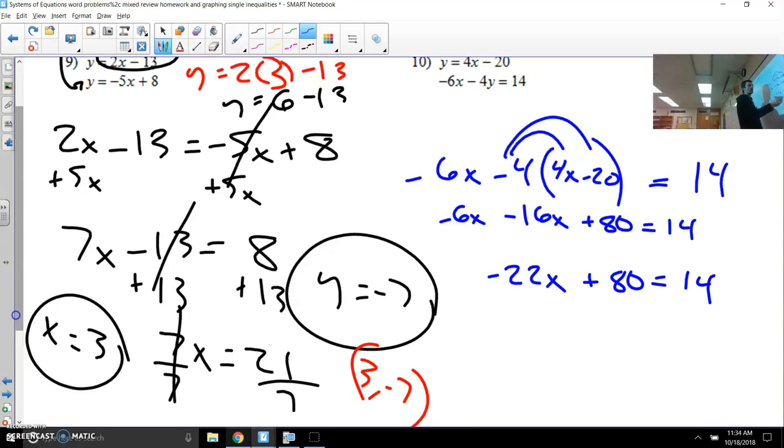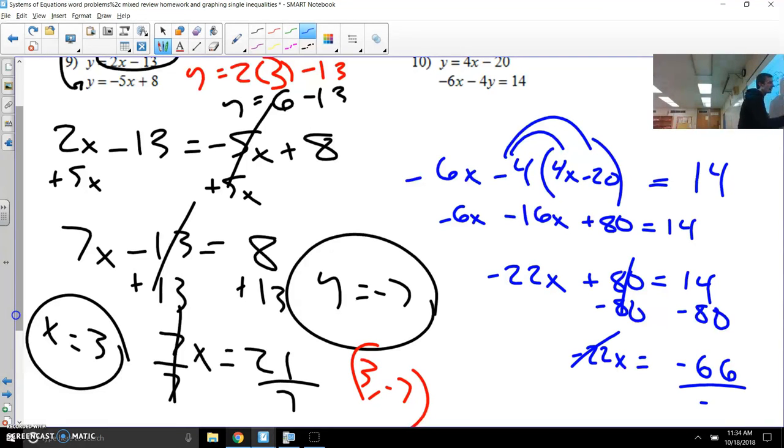And I'm going to keep going until I get x completely by itself. Let's subtract 80. 14 minus 80, I think that is negative 66. And when I divide by negative 22, I find out that x is positive 3.